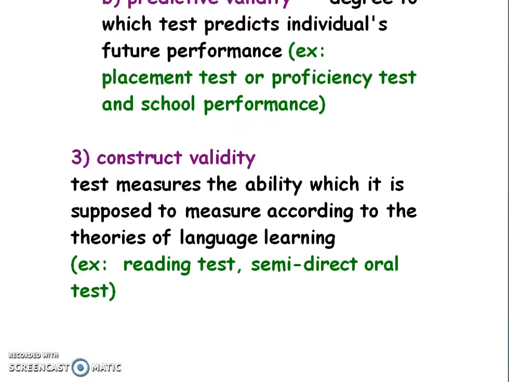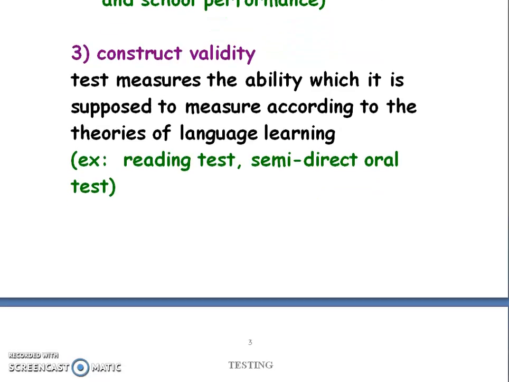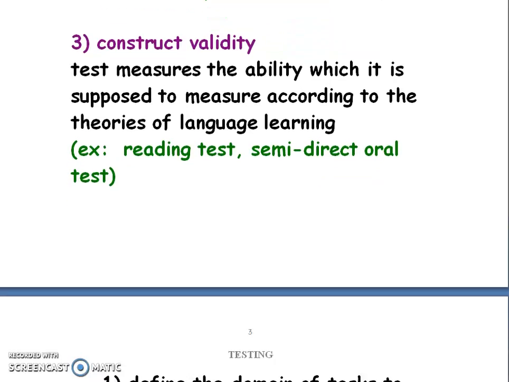Okay, the next kind of validity is construct validity. Think of a construction worker. Think of a building. We want to see if the test measures the ability that it is supposed to measure according to the theories of language learning. So if there's a reading test, we know what reading is.